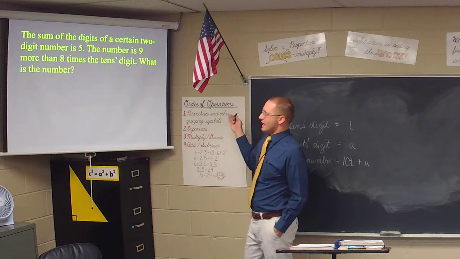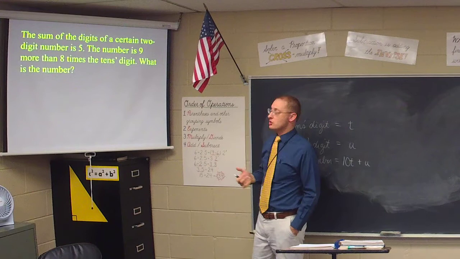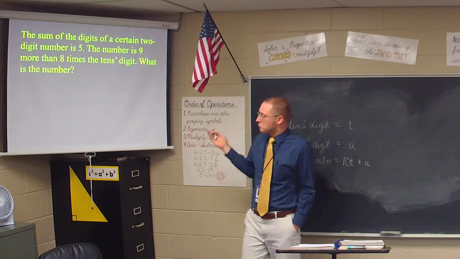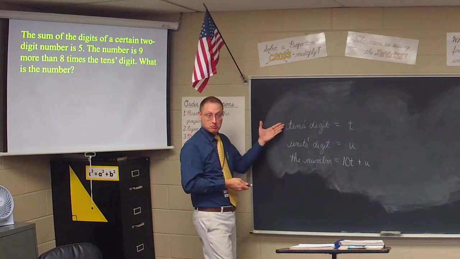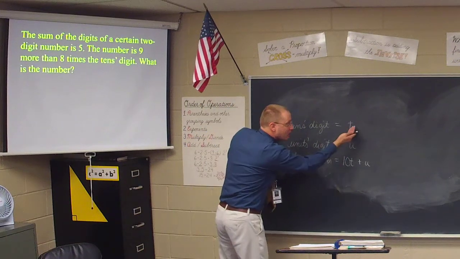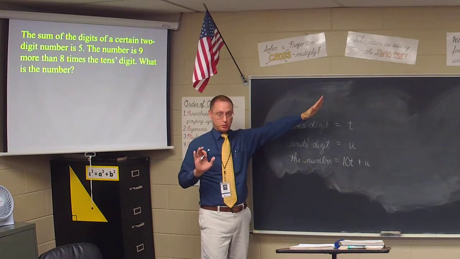Look at the first sentence. Each sentence is an equation in our system of equations as we continue using systems to solve. It says the sum of the digits. What are the digits? The tens digit class is t. The actual digits of 68 are a 6 and an 8, right? Those are the actual digits.